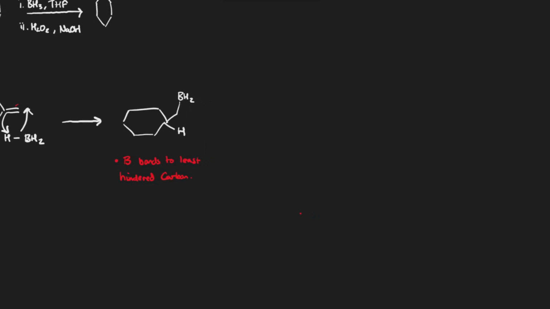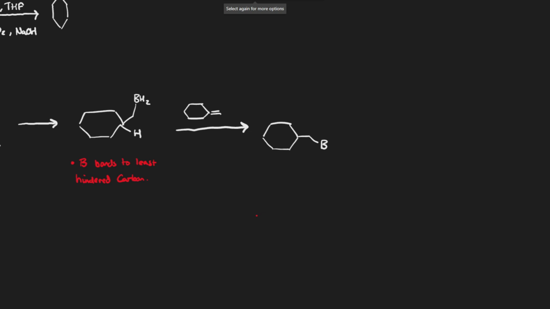this reaction continues. So we have more reactants added, and the reaction keeps repeating until we have nothing left bonded to this boron atom. So I'm just going to add another pointer here that the reaction repeats.